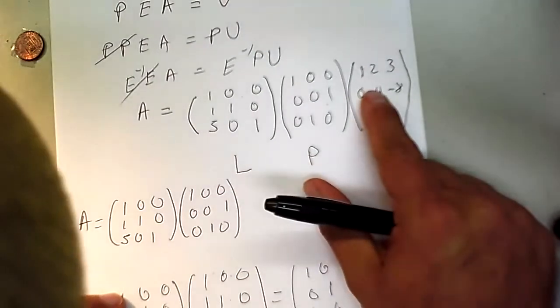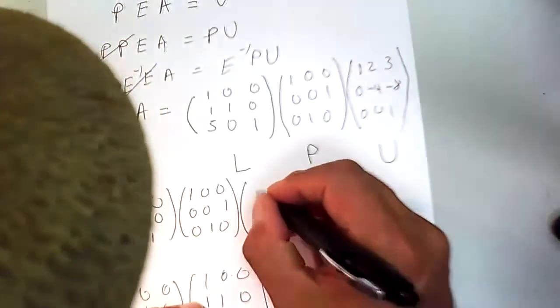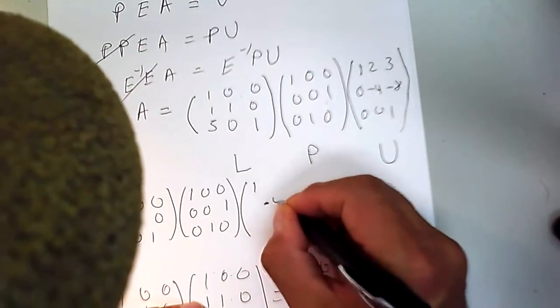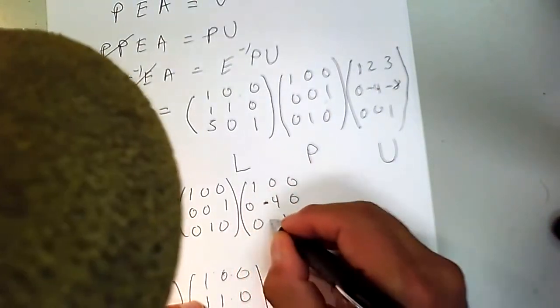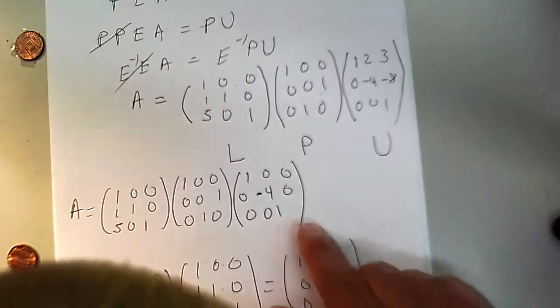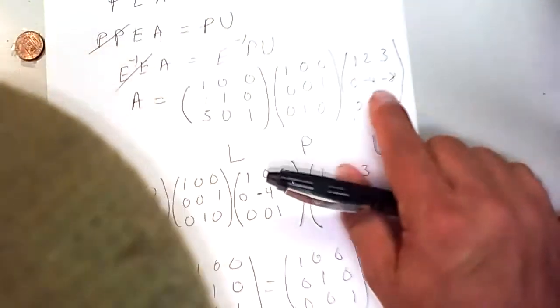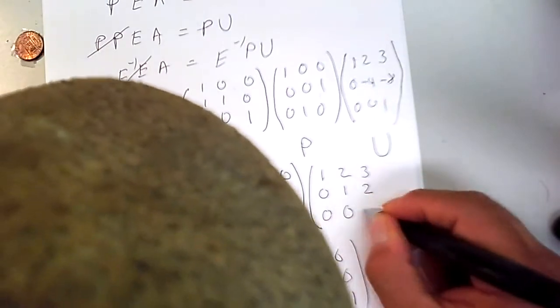And then we're going to break that up into a diagonal matrix with 1, -4, 1 in the main diagonal. And then we have 1, 2, 3, 0, 1, 2, because we are factoring out -4 out of those two, 0, 0, 1.